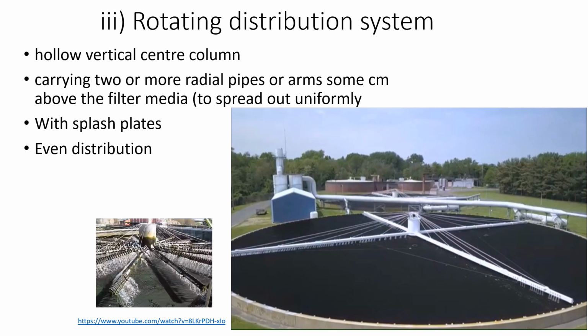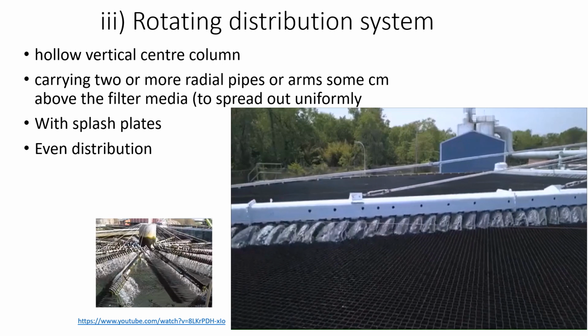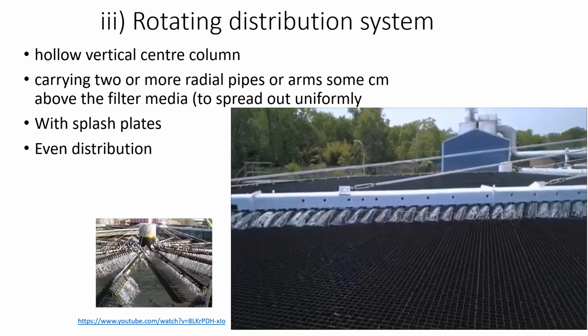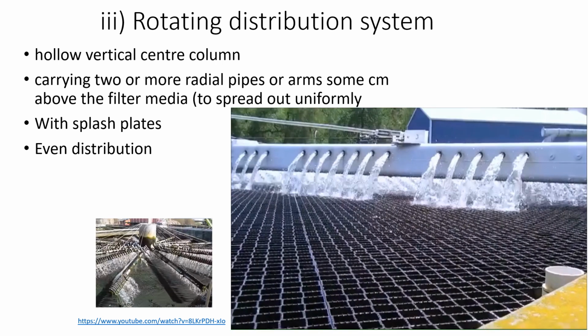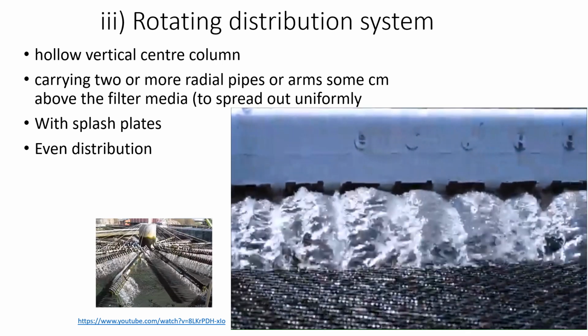And these radial pipes are usually rotatory arms. This rotatory arm is used because a uniform hydraulic load of the wastewater will be distributed, which will increase the efficiency of the treatment process. Usually 2 to 4 arms are attached to the vertical column, and you can see here these distribution pipes help to uniformly spread the wastewater on the filter media.